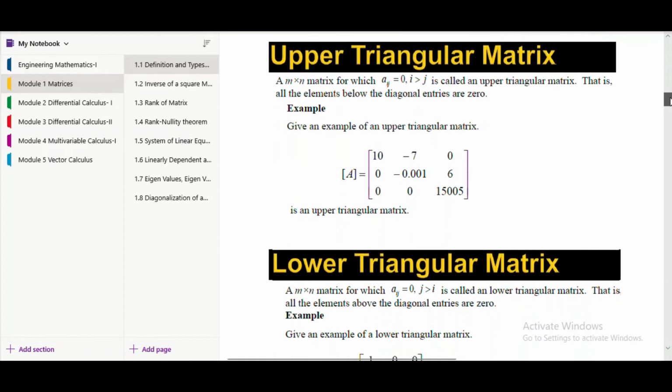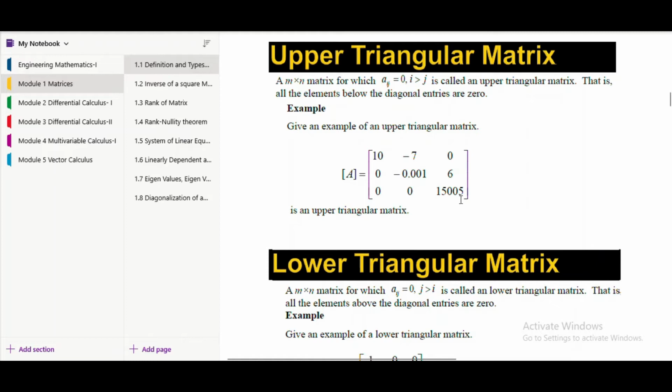Another type of matrix is the upper triangular matrix. An A m by n matrix for which Aij is equal to 0 when i is greater than j is called an upper triangular matrix. That is, all the elements below the principal or main diagonal are 0. For example, there is a matrix A whose first row elements are 10, minus 7, 0, second row elements are 0, minus 0.0016, and the last row elements are 0, 0, 15, 0, 0, 5.